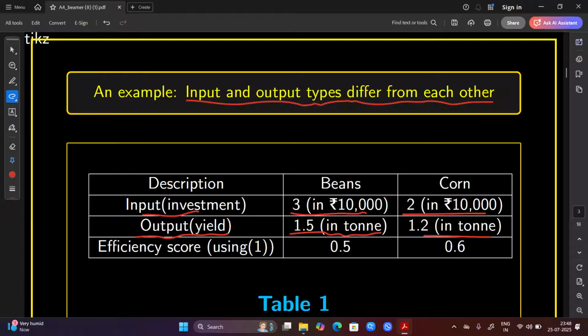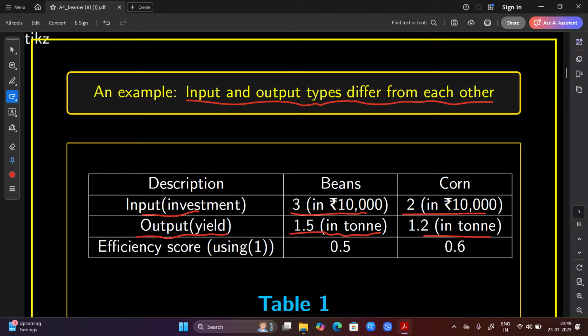The rule is that input and output types may differ, but you can see here in input, the investment is there. For beans, 3 units, per unit 10,000, the type is currency and the unit is 10,000. And in case of corn, the input investment is 2 units, the type is currency and the unit is 10,000.